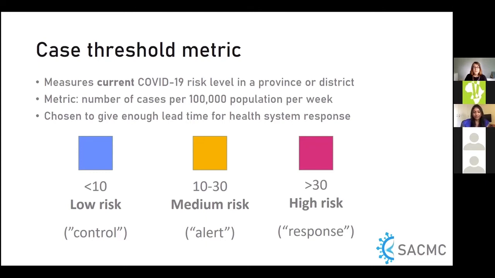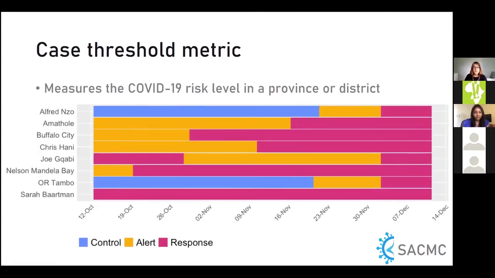Thanks, Gazina. And so what that results in is us being able to provide heat maps or plots like this. Here we're looking at the Eastern Cape as a province and districts within the Eastern Cape. We can see over the last 60 days or 2 months, from the 12th of October, the status, according to this metric, in each of the districts has been changing over time.